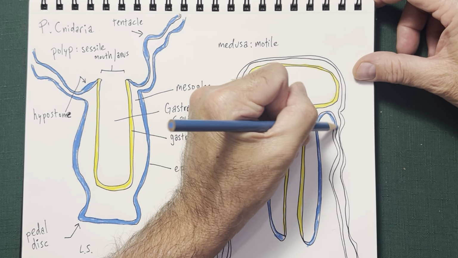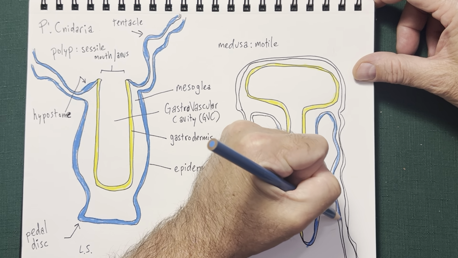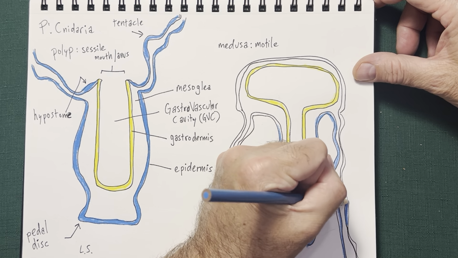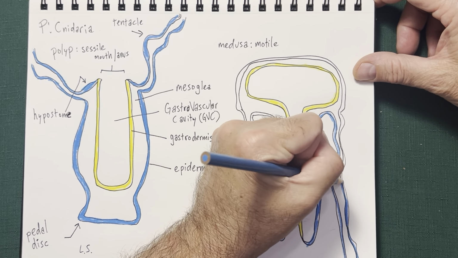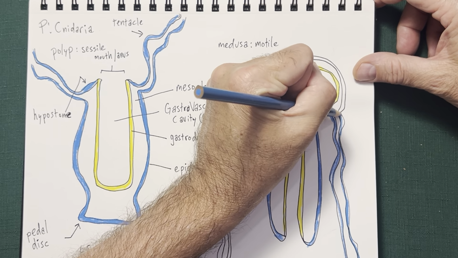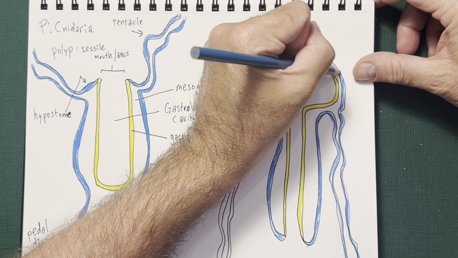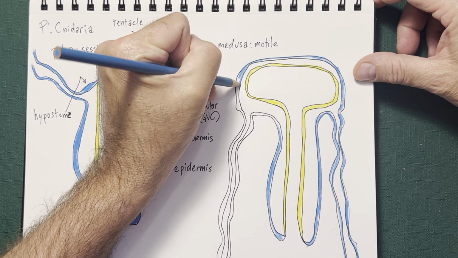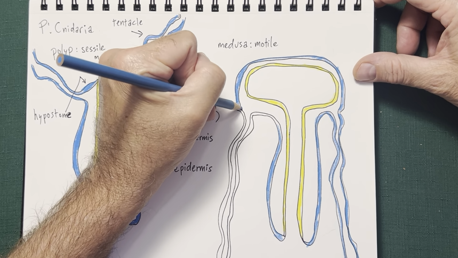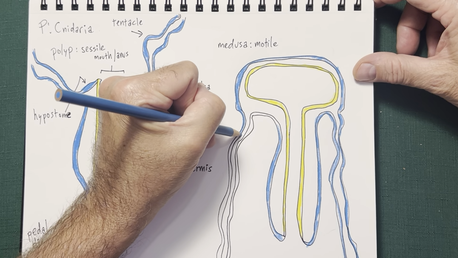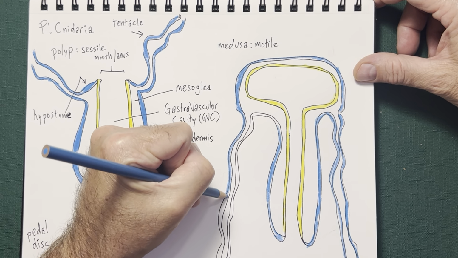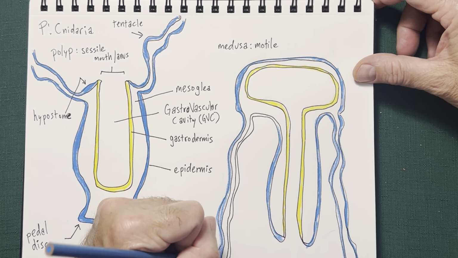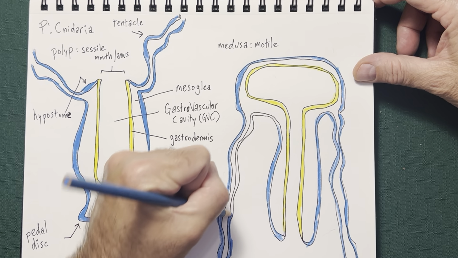So I'm going to color in this bit down here, going into the tentacles. Because it's a very similar thing that's going on where we've got an outer layer that is surrounding mesoglea, and the mesoglea in turn leads to the gastrodermis and the GVC.